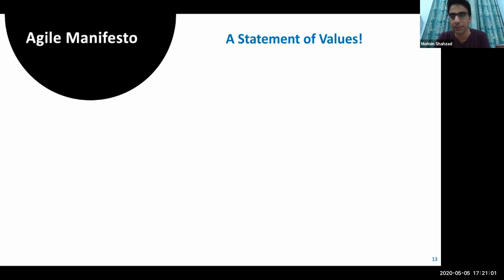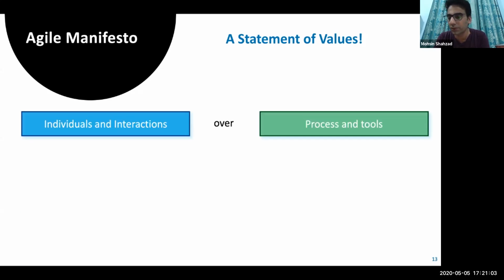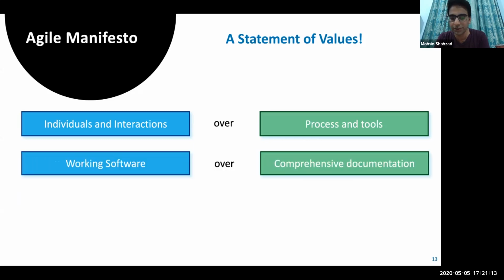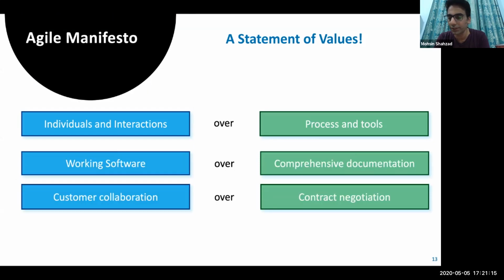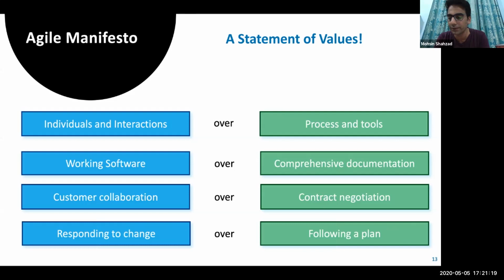So they came up with four very simple statements: individuals and interactions over processes and tools, working software over comprehensive documentation, customer collaboration over contract negotiation, and responding to change over following a plan. So that's the whole manifesto.